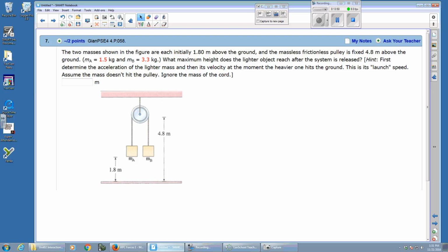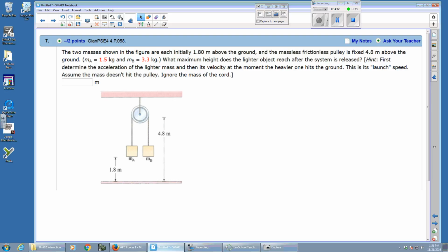So, MA is going to go up 1.8 meters and then turn into a projectile, because it is rigidly connected to B, and B is going to go down 1.8. At that point, it becomes a projectile. So we need to know the velocity at that point.